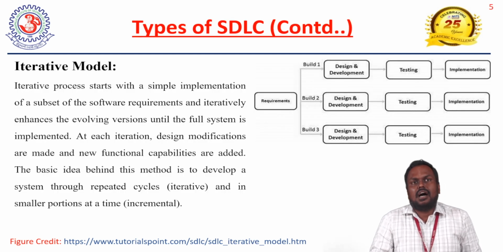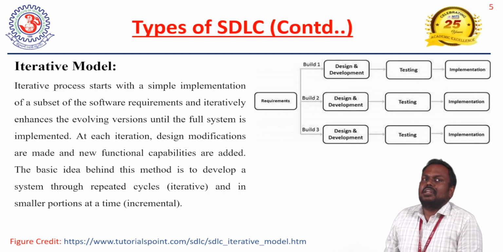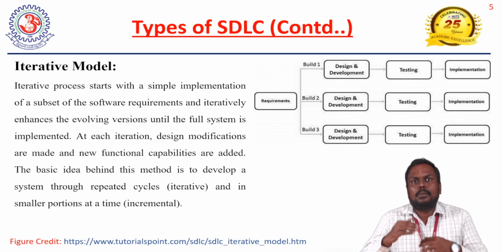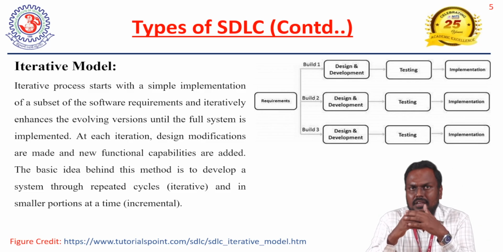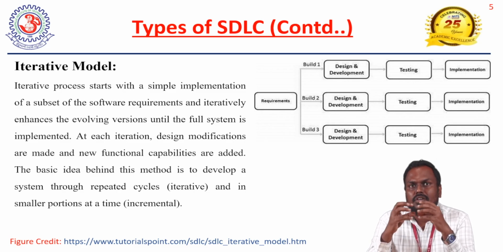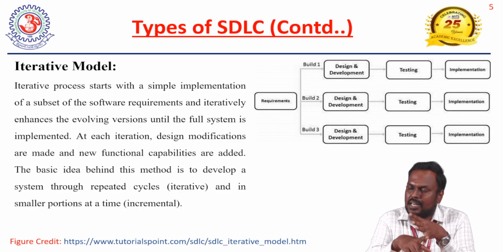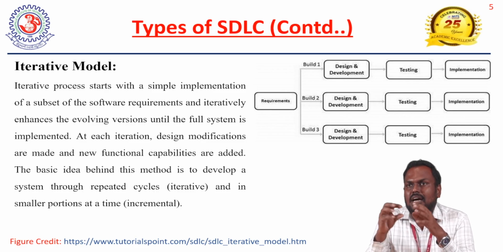Next comes the iterative model. The iterative model, as the name says, will have two or more builds or iterations. Here they will have a common requirement analysis phase, followed by design and development with the available requirements and the available team, then testing and implementation.